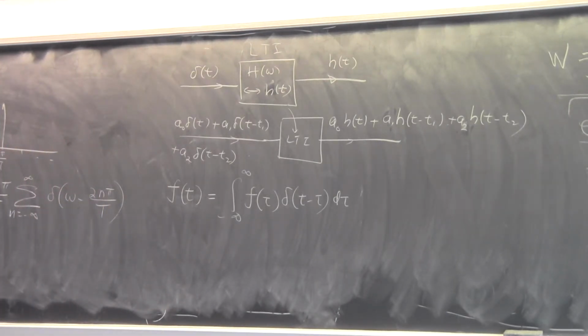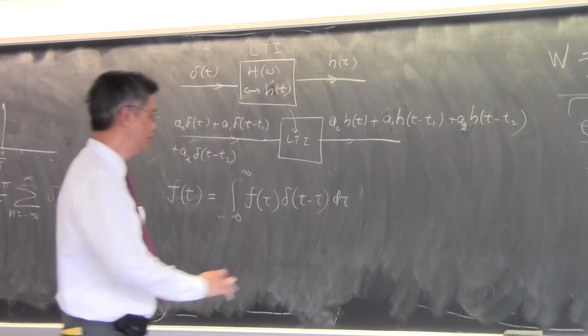If you look at this identity, it is using the shifting property or the sampling property of an impulse function. But if you look at the right-hand side, what does it say mathematically? It says that any function can be written as an integral summation of impulse functions.